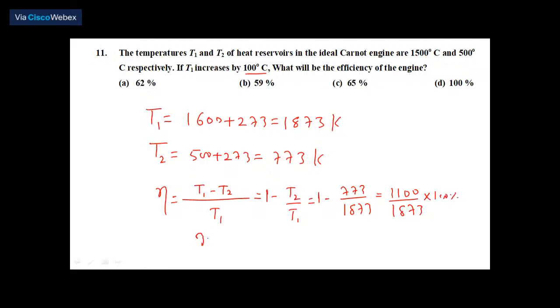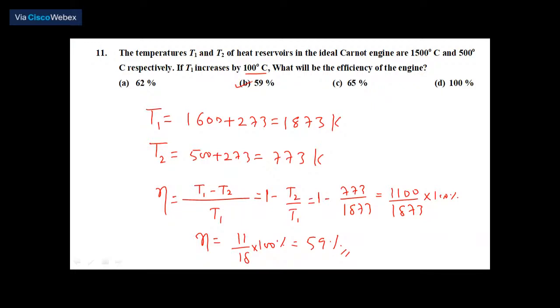In problems of this kind, we have to go for an approximation method. This is written as 11 by 18 into 100%. You find the approximate answer. So the correct option is 59%, option B. Of course, problems of this type take slightly longer, but some higher level questions are included here.